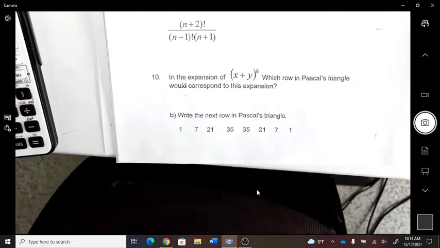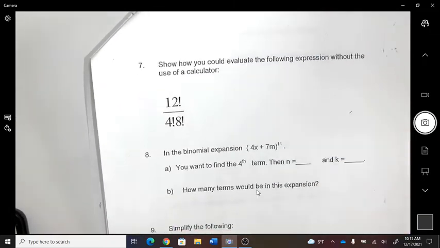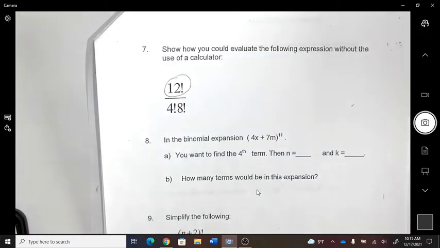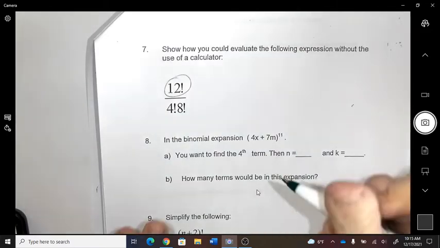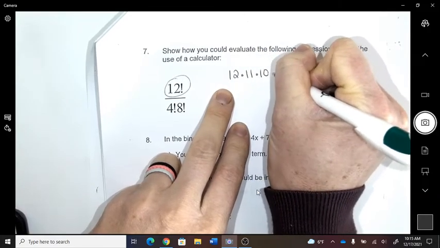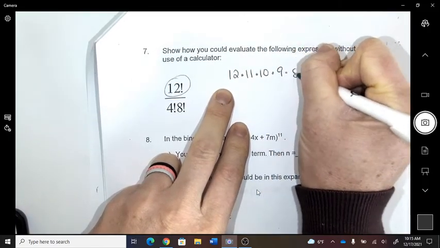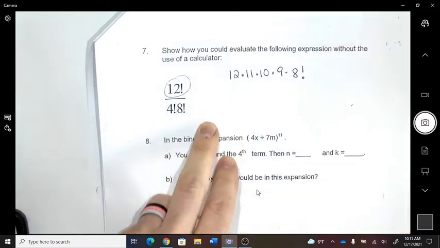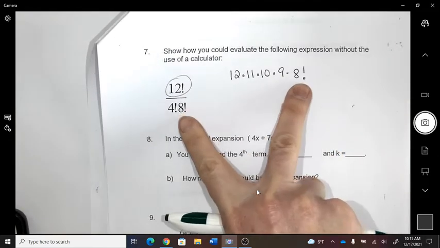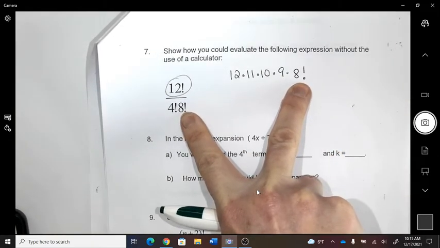Number 7, same idea. So expand the bigger one, which would be that. So 12 times 11, 10, 9, 8, and beyond. So I stopped there because I knew it was going to cancel with that one.